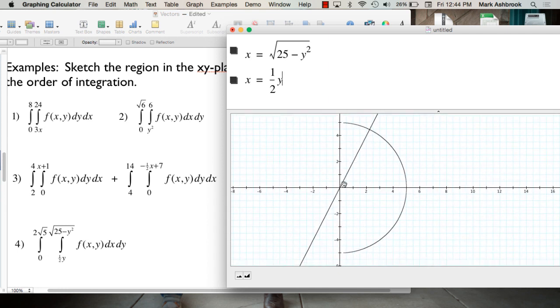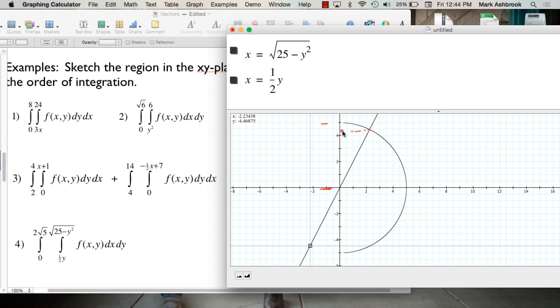So we've got that, and now we have to figure out which part it is. Is this type 1 or 2? Type 2, and our mantra is left to right, bottom to top. So the left side is the line, and the right side is the circle, as y goes from 0 to 2 radical 5. Is that the intersection?